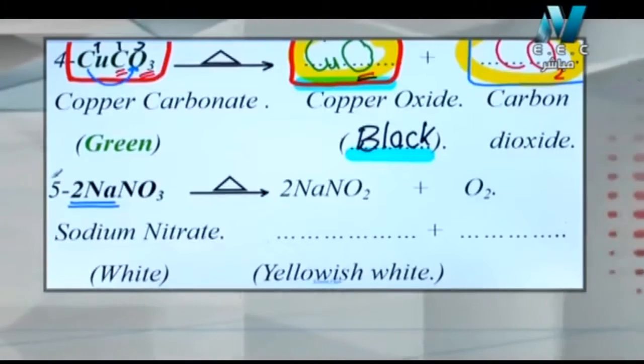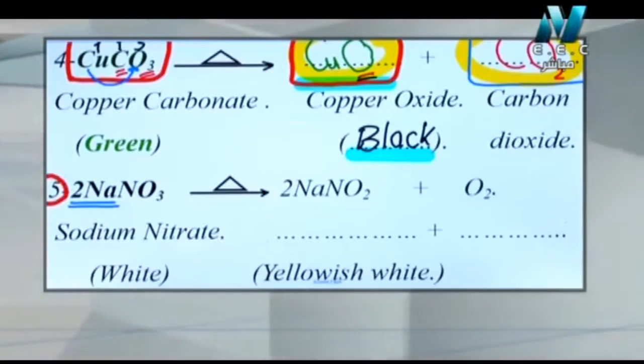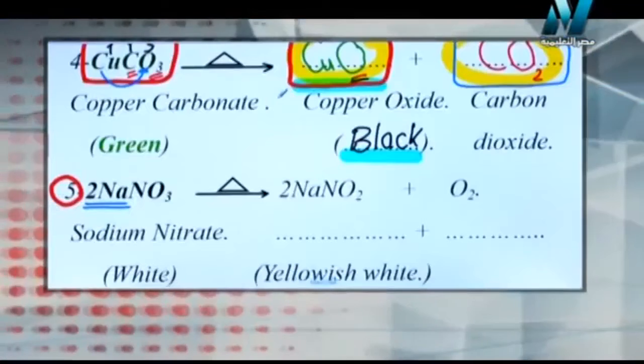Okay, we will complete this equation, dear students, after the break, then we will return back again. Welcome back, dear students. Let's complete our episode today with this equation, as we have to decompose sodium nitrate, which has white color, into its simpler substances by using heat. So let's go with equation number 5.